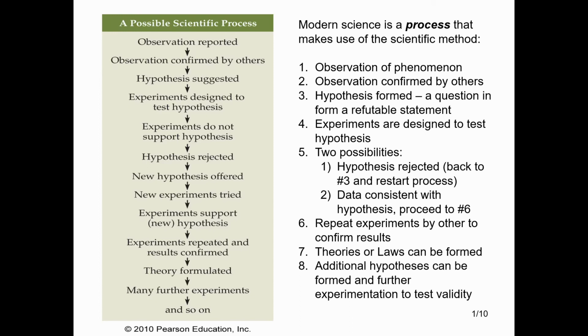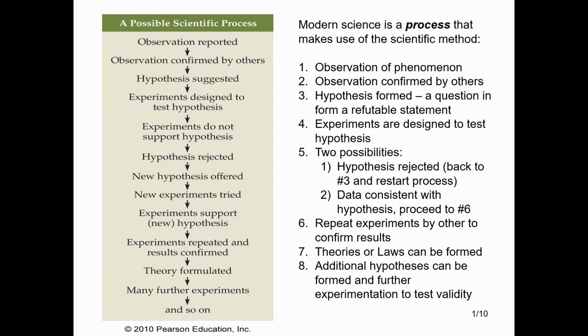So it begins with some sort of observation of a phenomena, and this is what instigates the process. Maybe multiple people will observe the phenomena, so the observation is then confirmed by others, and from this a hypothesis can be formed. And this is a question that's formed in a refutable statement.